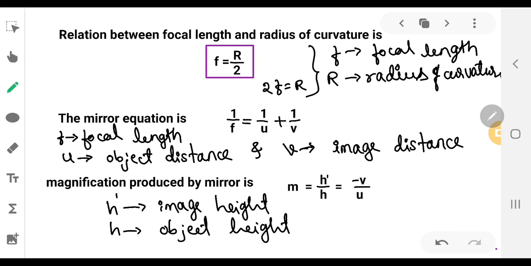So magnification produced by the mirror is m is equal to h dash by h. Now what is this magnification? It tells you about the enlargement or what happens with the size of the image.